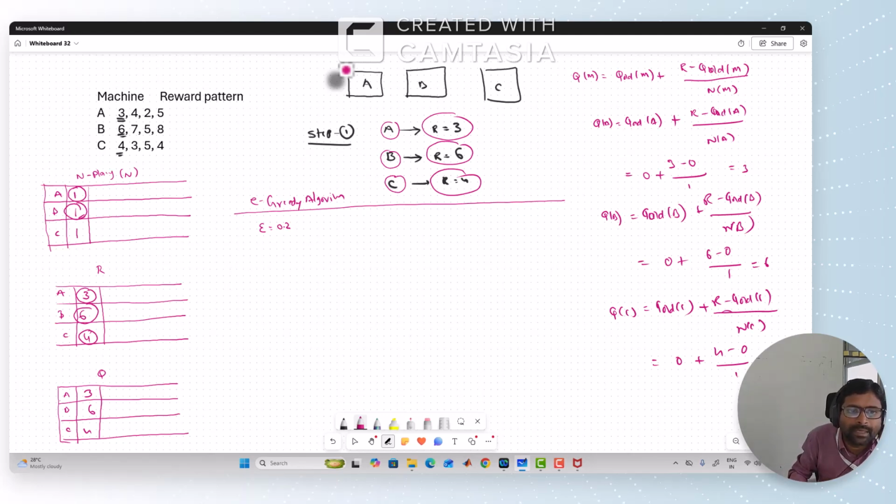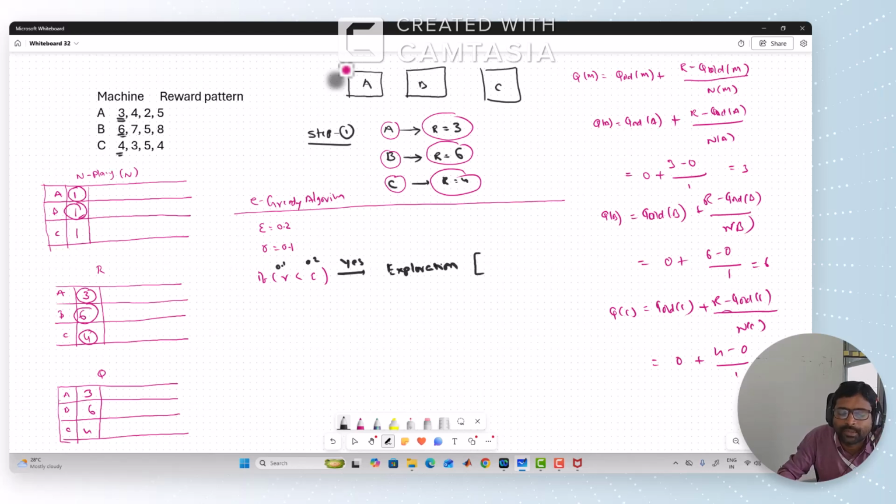Now randomly generate the value R. Let us assume I choose R equal to 0.1. Now check if R is less than epsilon or not. You can see here R value is 0.1 and epsilon value is 0.2. So it is true. If it is true, it means exploration.